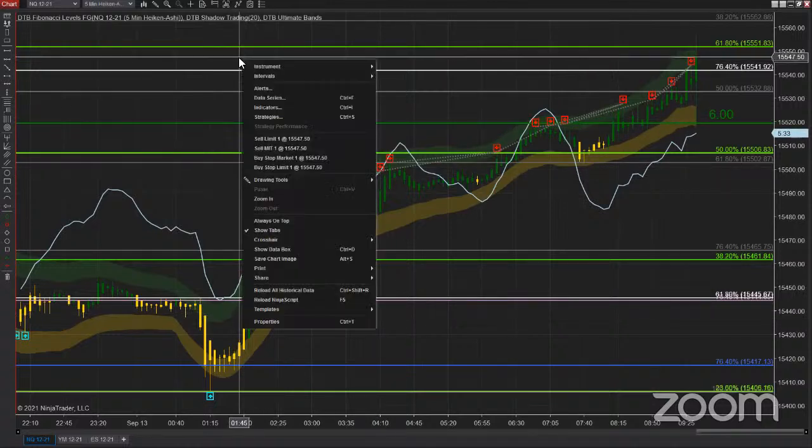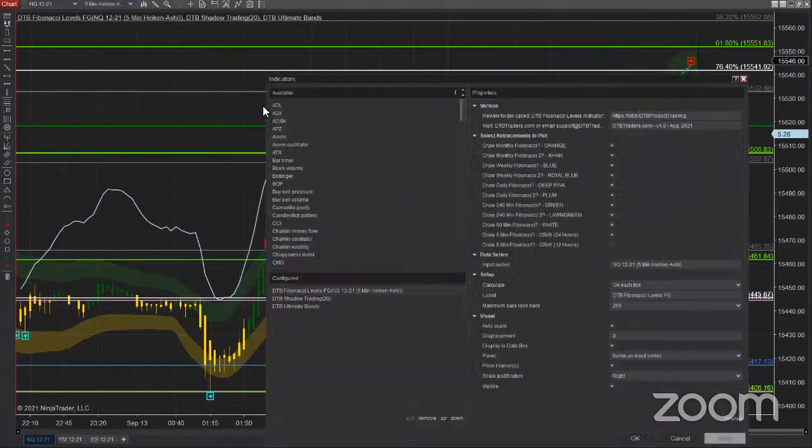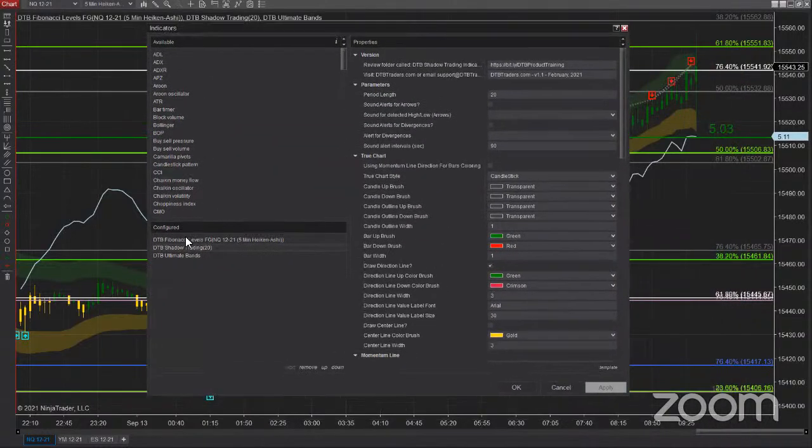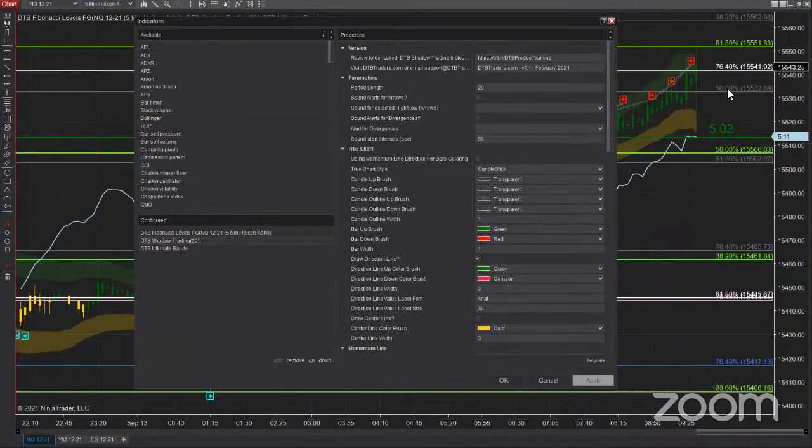If I go into the indicator settings, you're going to see the settings in there, so it's also something that can be customized. So there's the shadow trading indicator there. You've also got sound alerts for this indicator. So there's quite a bit of information on this indicator.